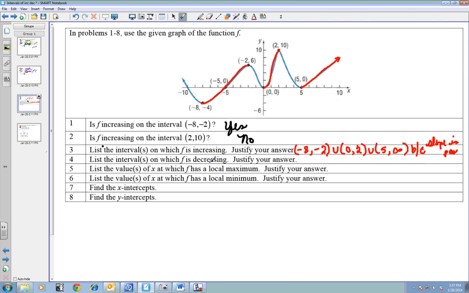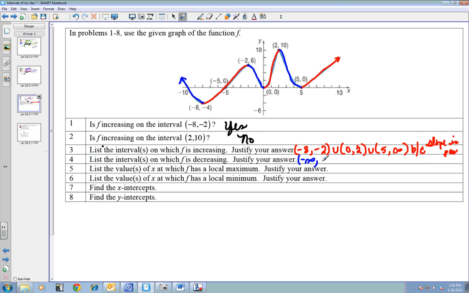Now we're going to list the intervals on which f is decreasing. So I know it's decreasing from here to here, from here to here, and here to here. So it's decreasing, remember we're using x values, from negative infinity until I get to -8, because we're going to assume that that's an arrow.